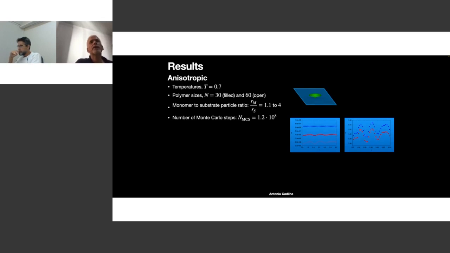So all of that was a very interesting aspect, that the size will make the polymers commensurate with the substrate at some specific values. And when the monomer becomes well attached, then the height will be very small.